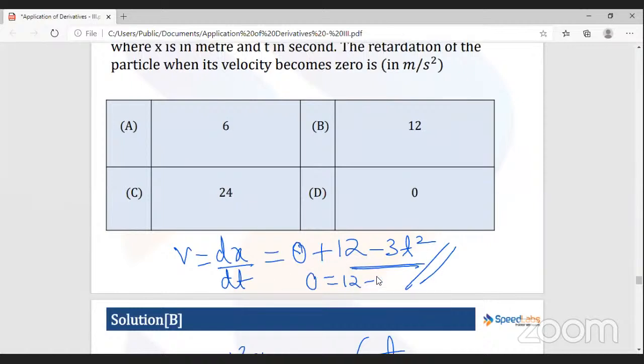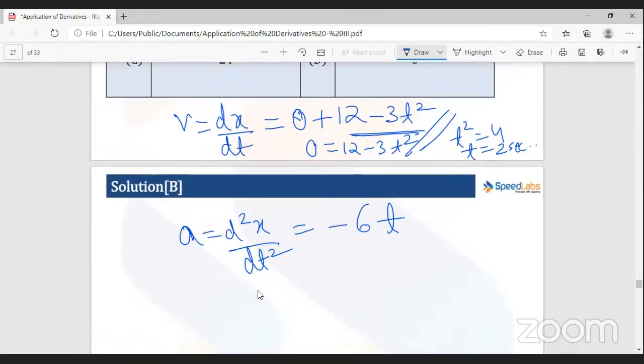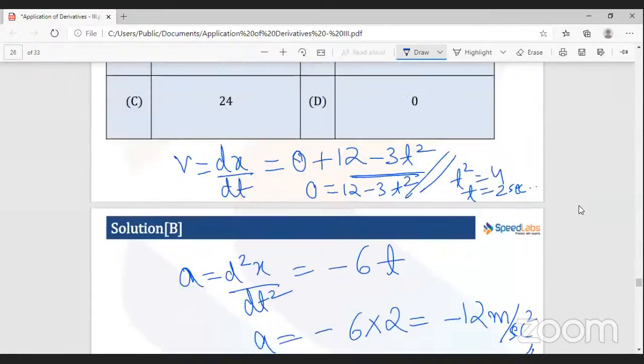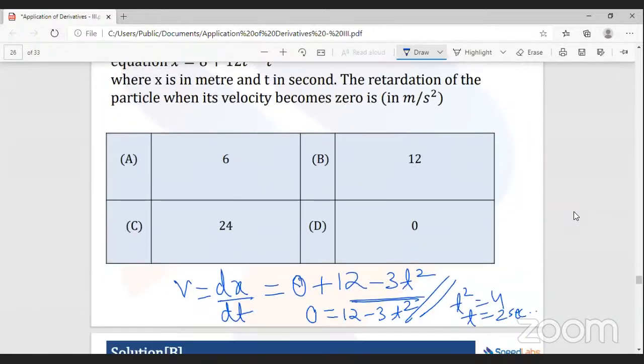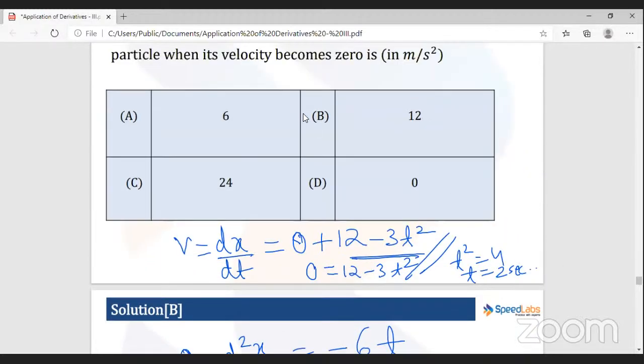So 0 equals 12 minus 3t square. So t square becomes 4, t equals 2 seconds. So the acceleration is minus 6 into 2, which is minus 12 meter per second square. So this minus sign denotes the retardation. The correct answer here is B.